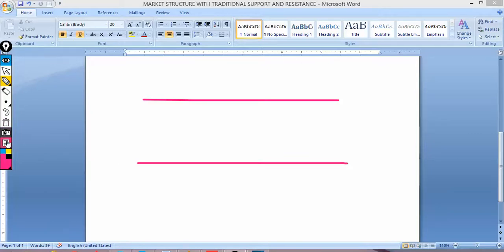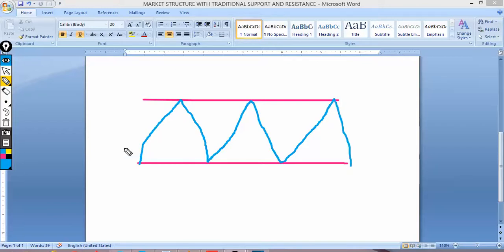This is how the market is here. So if the market is moving like this, we say that when the market is behaving like this, we are in a sideways or a range or a consolidation.